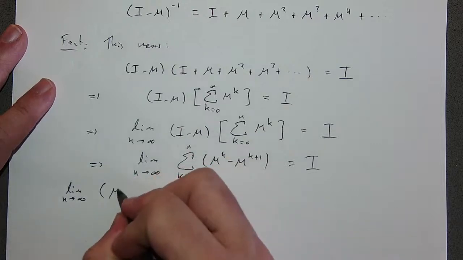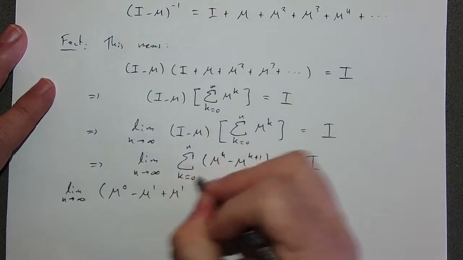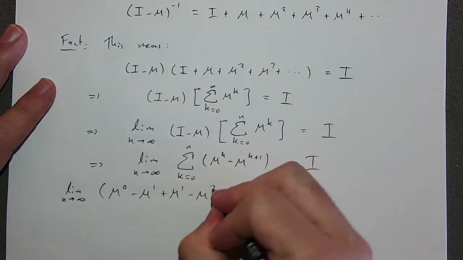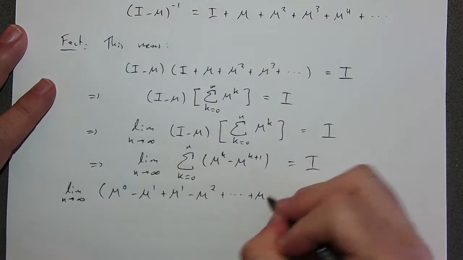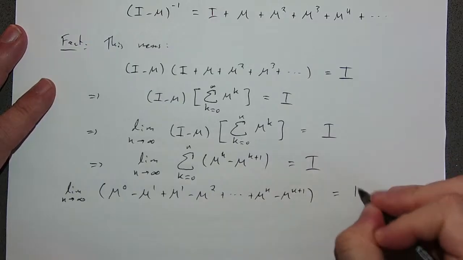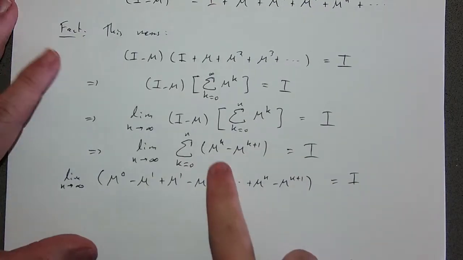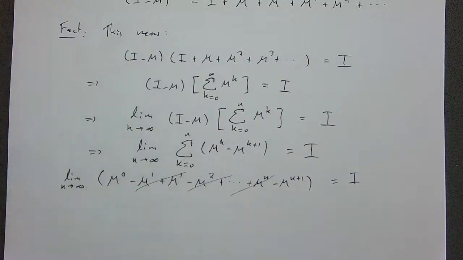This would be M to the 0 minus M to the first plus M to the first minus M squared, and so on, in such a fashion so that the very last thing I get is M to the n minus M to the n plus 1, and that is equal to I. This sum telescopes in this way so that all the intermediate terms cancel, including this one, as it cancels with the minus M to the n coming from the n minus 1 term in that sum.